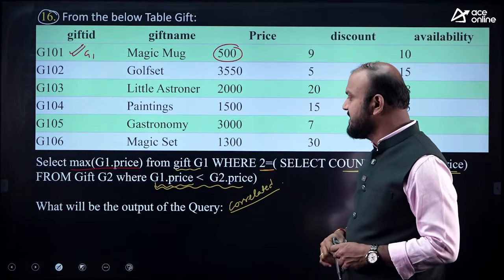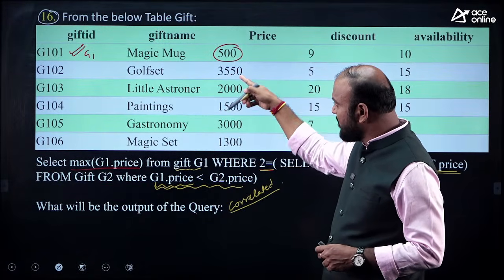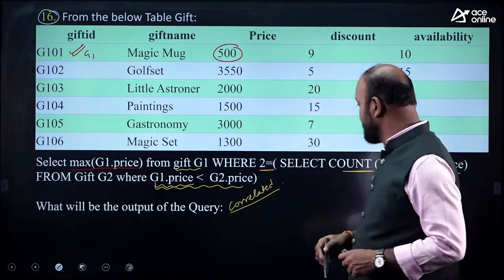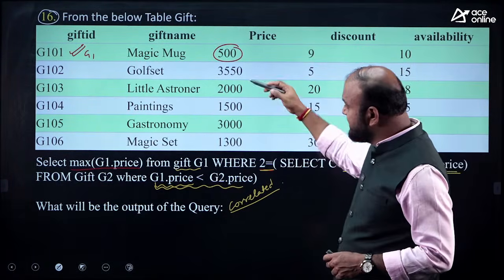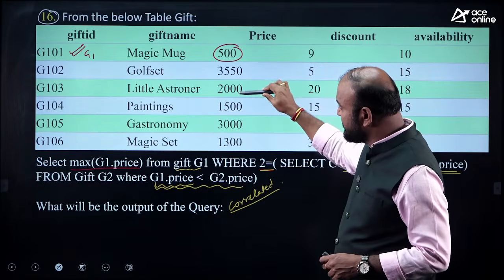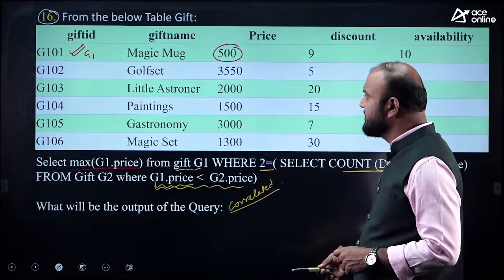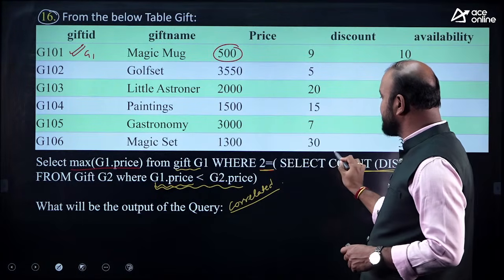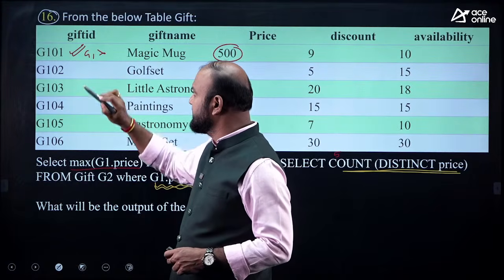Yes, 500 is less than all 5 prices. What count can you expect for distinct prices? All prices are different, so the count is 5, but it should be equal to 2. So this gift is not going to come in the output.